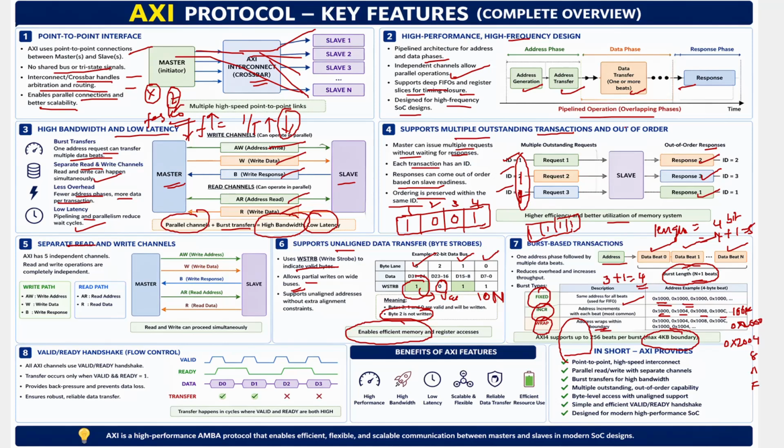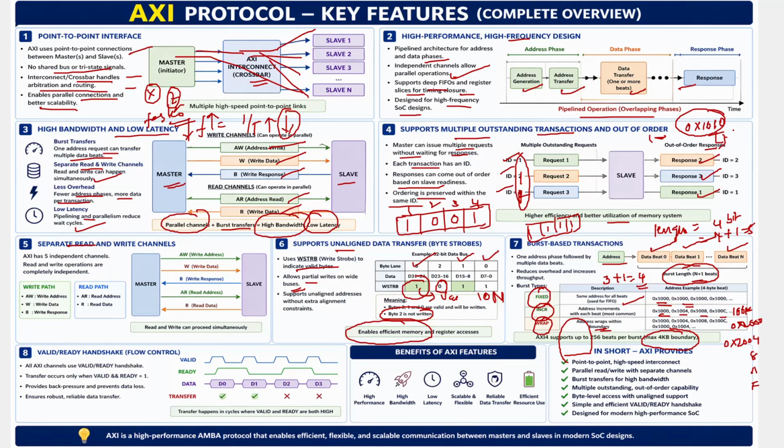Suppose your address is 0x1010. This is the start address, and you calculate the wrapping address. You need to calculate the lower boundary and upper boundary. If you calculate the upper boundary, you have some last address.